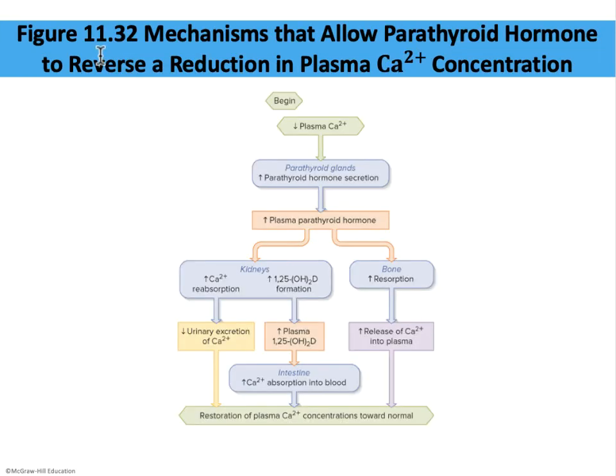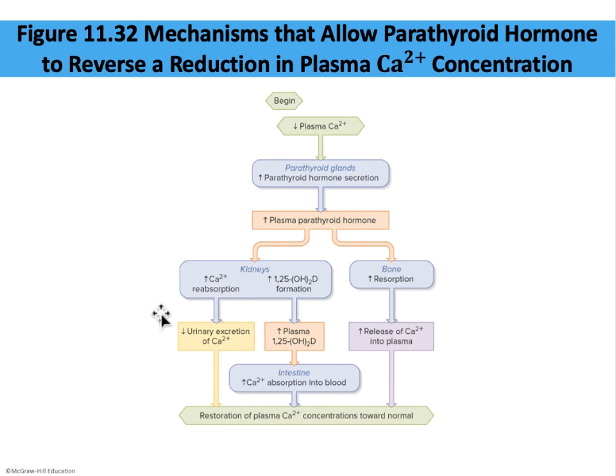The flow chart on figure 11.32 does an excellent job in relaying to us how the homeostatic regulation of calcium through this system would be maintained. Remember, this is through this system. There's a multitude of systems, but this system seems to be one of the major ones. So if you followed through, a decrease in calcium level would result in this action, causing these actions to take place, and then finally these solutions.